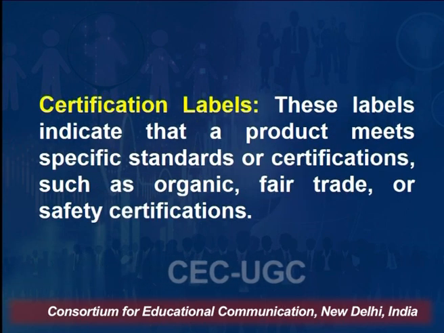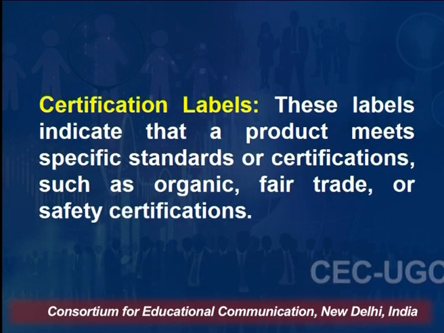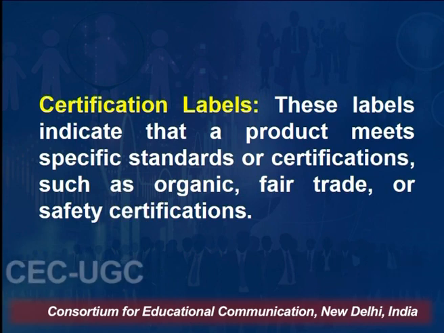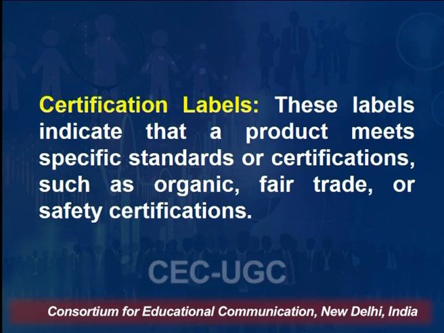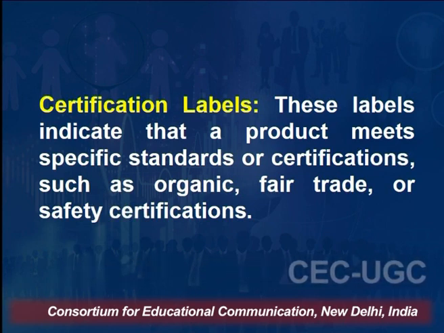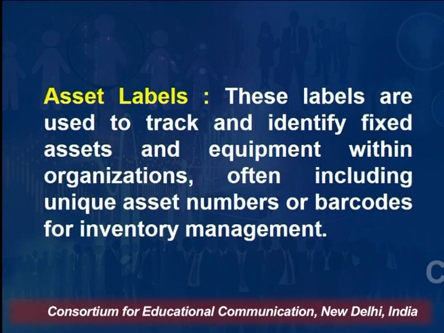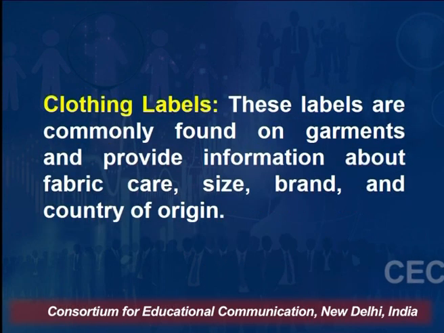Now we have another type of labels called certification labels. These labels indicate a product meets a specific standard, quality, or certification like organic, fair trade, or safety certifications. Next we have the asset labels. Now these labels are used to track and identify the fixed assets and equipment within the organizations, often including unique asset numbers or the barcodes for inventory management. Clothing labels.